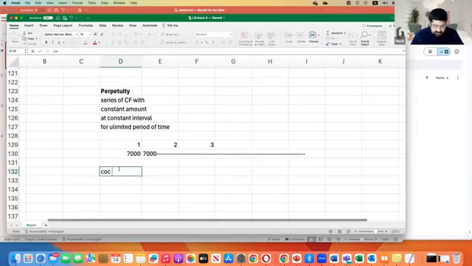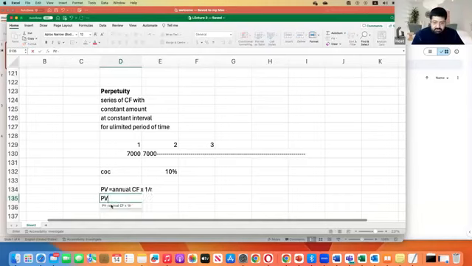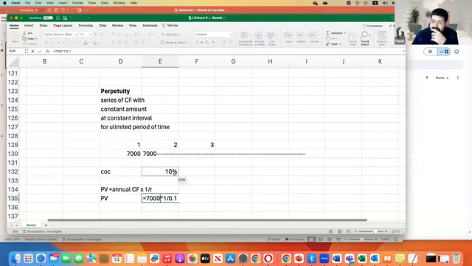Cost of capital is 10%. So what is present value? It is equal to annual cash flow into 1 over R. 1 over R is the perpetuity factor. So present value is equal to 7,000 into 1 over 0.1. This is the present value of perpetuity.